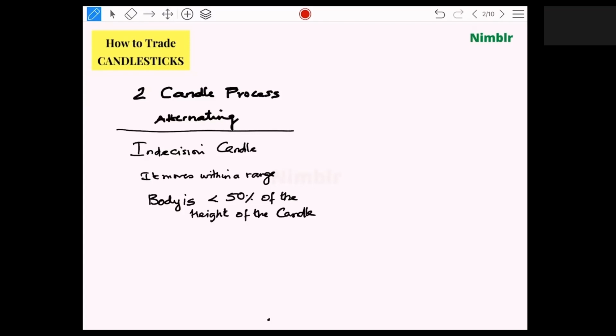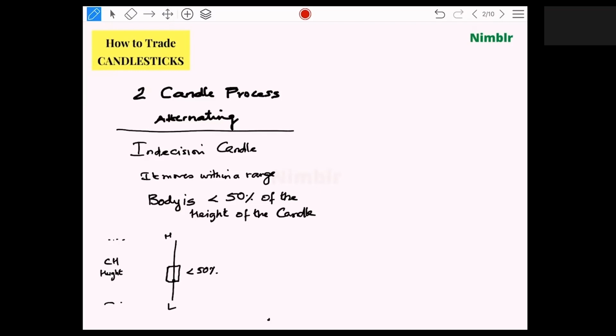So if we see a candle, say this candle, this is the high, this is the low. So this is the height, which we say CH, candle height. And it has a body. It has an open and a close, and therefore this is the body. This is less than 50% of the full candle height.